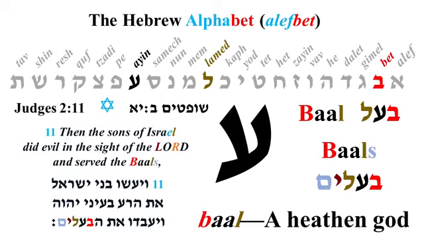All right. Judges 2:11. Another ayin word. Then the sons of Israel did evil in the sight of the Lord and served the Baals. Baal, okay, or Baalim is the plural. And Baal, he was a heathen god.